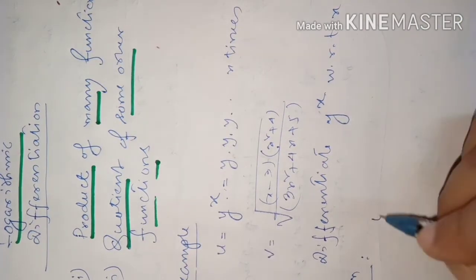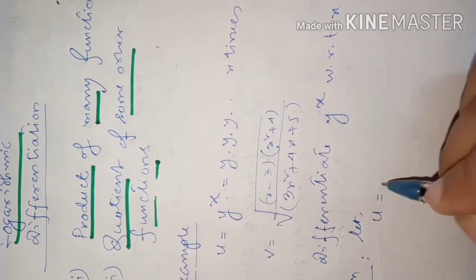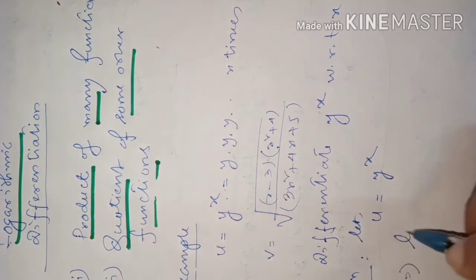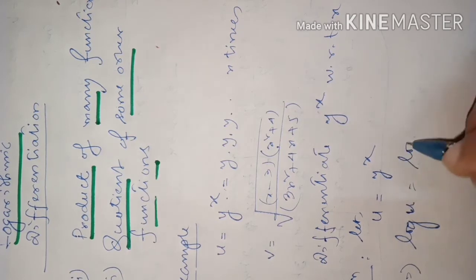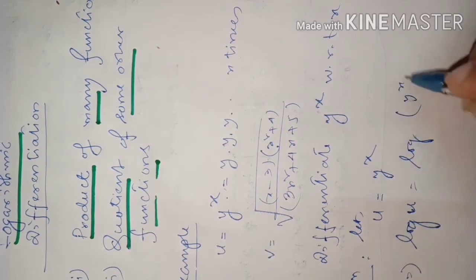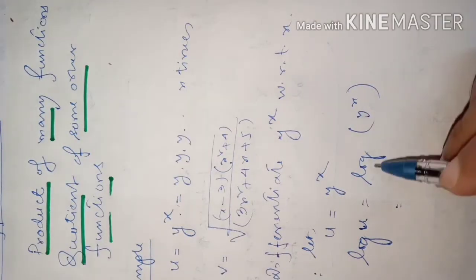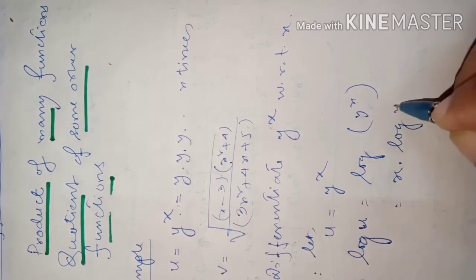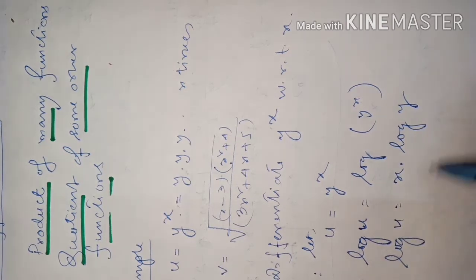Let u be equal to y to the power of x. Then taking logarithm, log of u is equal to log of y to the power of x. By laws of logarithm we can take this x as a coefficient, x into log of y. So log of u is equal to x times log of y.